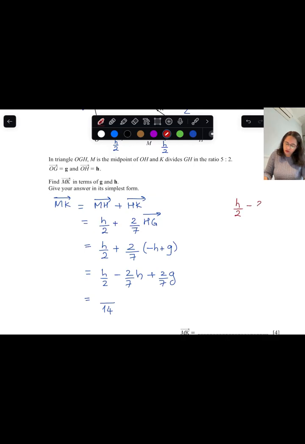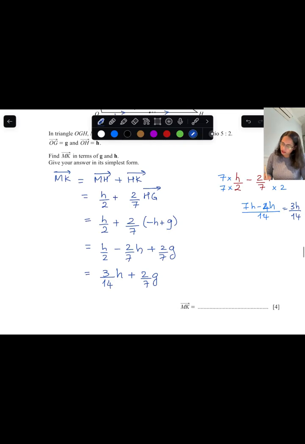Since I know that the common denominator is 14, I'm going to multiply this by 7 and this by 2. So this works out to be 7H minus 4H divided by 14. So that is 7 minus 4, 3H, plus 2/7G. So that's your final answer.